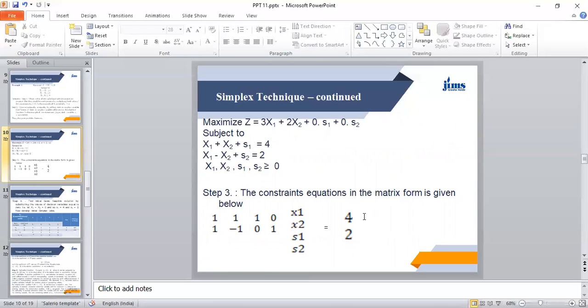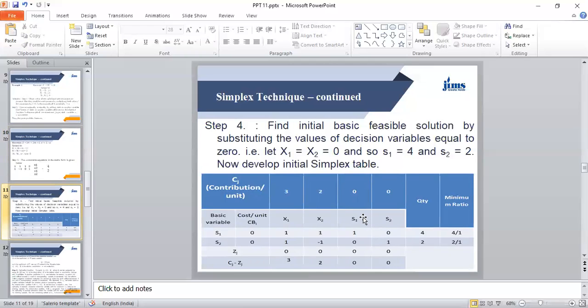So x1 has a coefficient of 3, x2 has a coefficient of 2, s1 has a coefficient of 0, and s2 has a coefficient of 0. So we write on the top of the table the contributions per unit of each variable in the objective function. So this 3, 2, 0 and 0 are these coefficients.